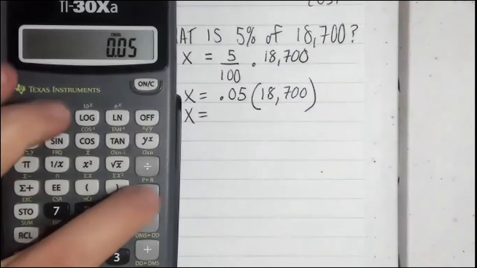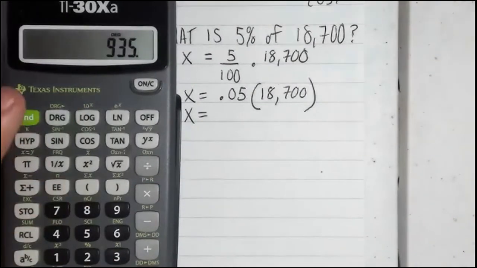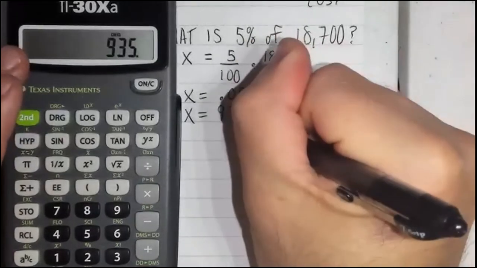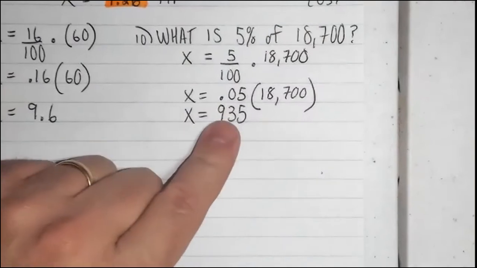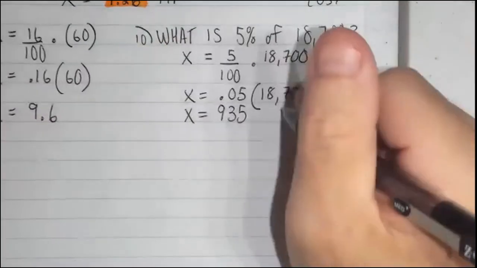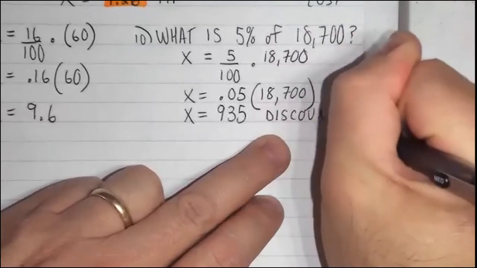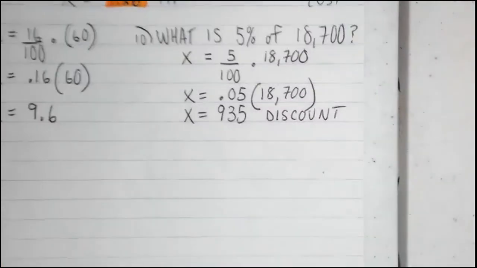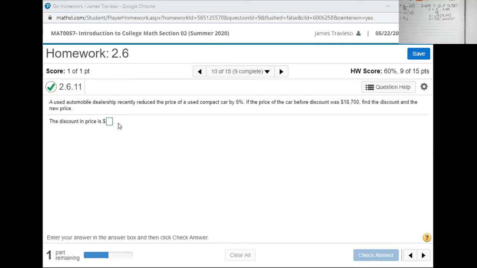So 0.05 times 18,700 is going to give me 935. It's important to know what the 935 is as far as that word problem goes. It's talking about a car, so that $935 is my discount, and it happens to be what they are asking you in that first part of this problem.